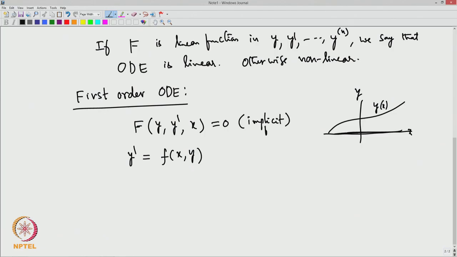With the implicit form you may not know its solutions, not always. Very few methods are available to solve implicit equations. Only standard equations you can solve, just one or two, Clairaut's equation, Lagrange type equations.